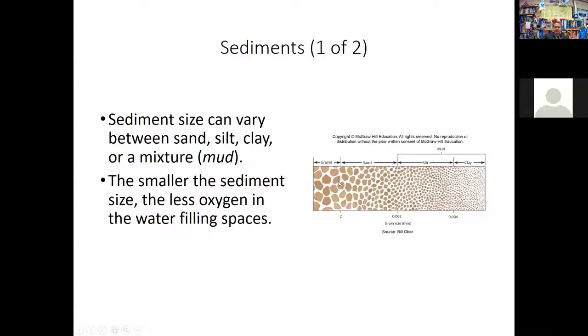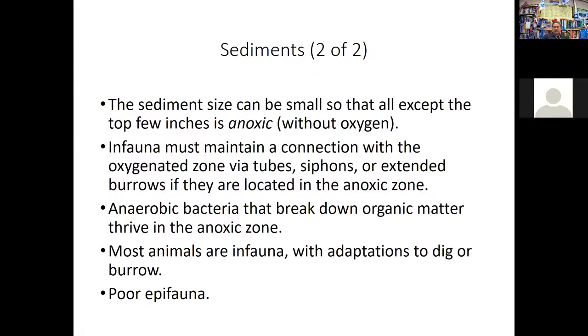So in the smaller size sediments here, you're going to have less oxygen, because if the water comes in and can go through, the water carries oxygen along with it. So that's some sedimentation.